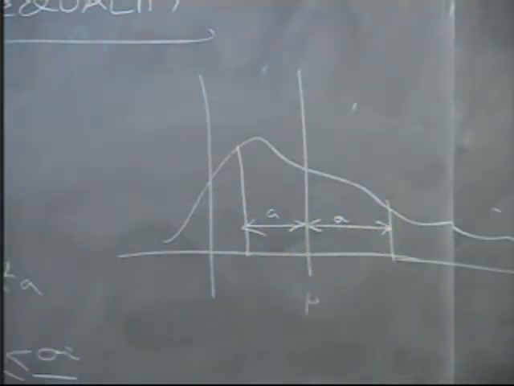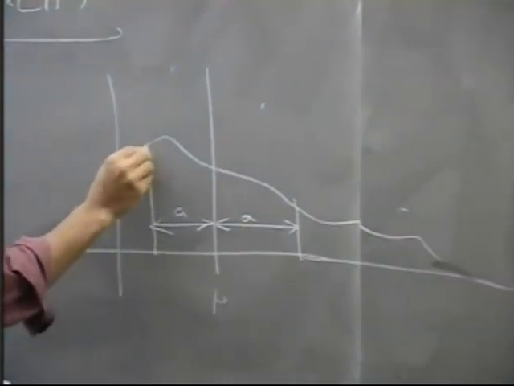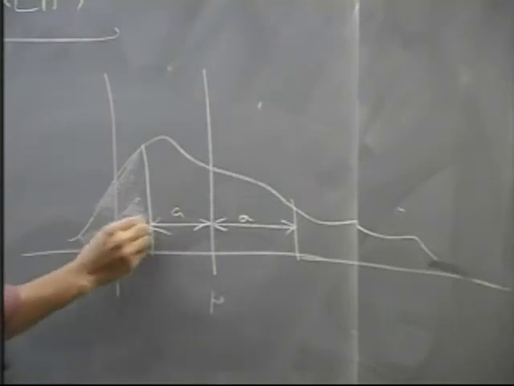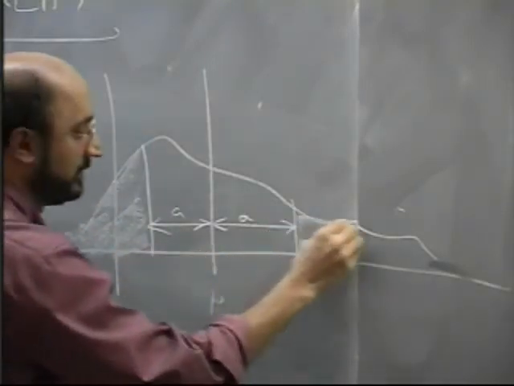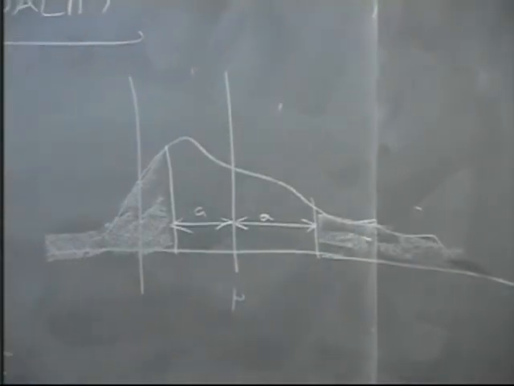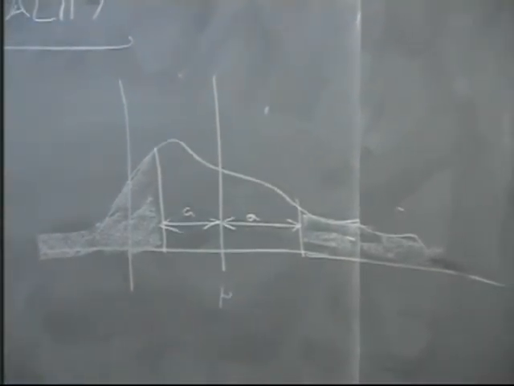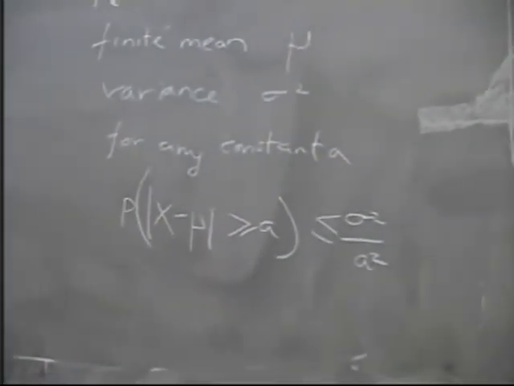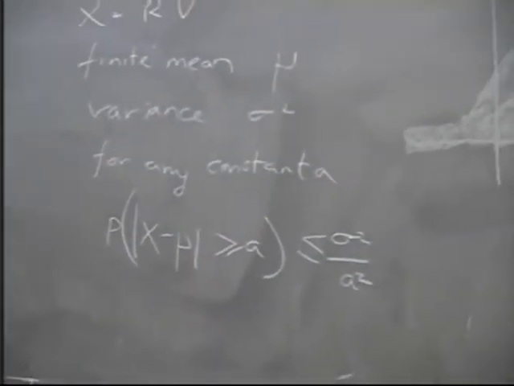So we're saying that the distance of x from mu is greater than a. So that means this area here, the 2 tails, the left tail and the right tail, the sum of the masses in these 2 tails is bounded by this value sigma squared by a squared. Okay, and that's basically what we are saying.